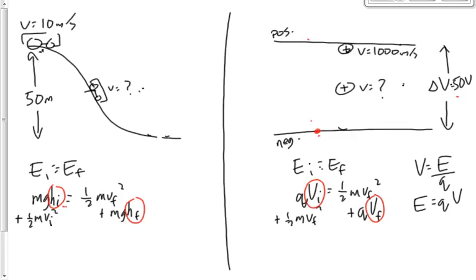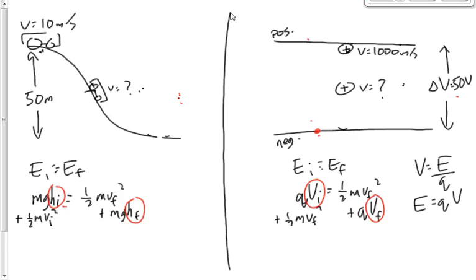Please remember the following. Whenever you're looking at a problem involving a charged particle speeding up, a charged particle accelerating, I want you to think of it as a car going down a hill like this. We can visualize that. We can see the color of the car and the number of people inside the car. We can physically, in our minds, picture what's going on.